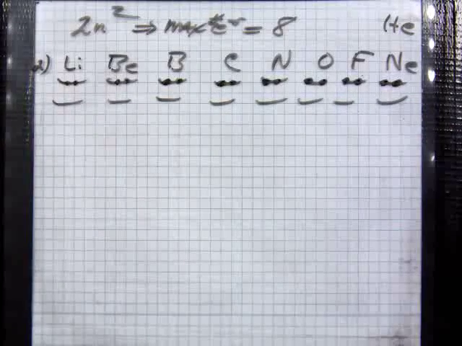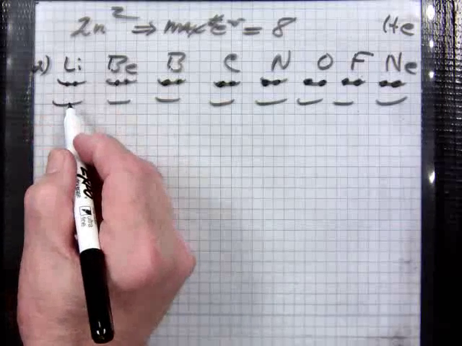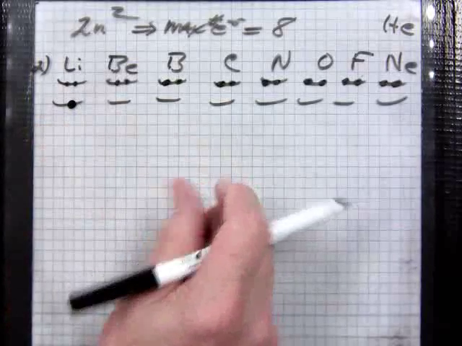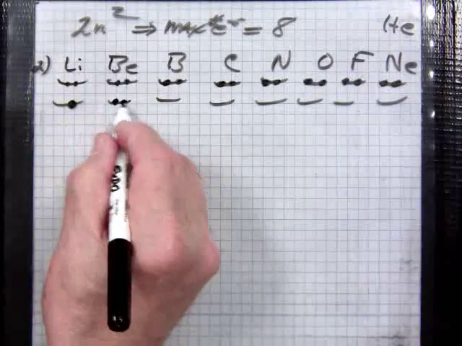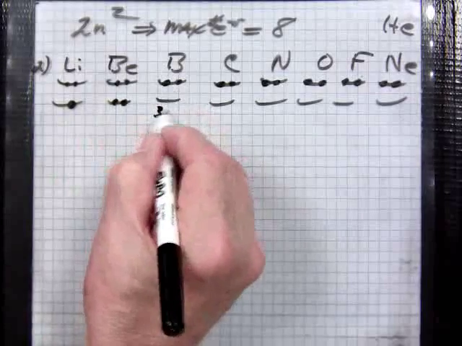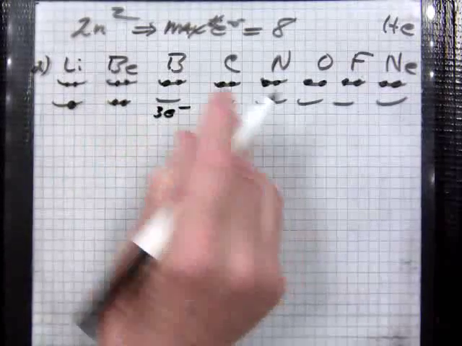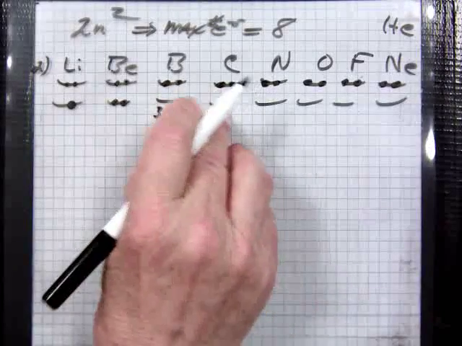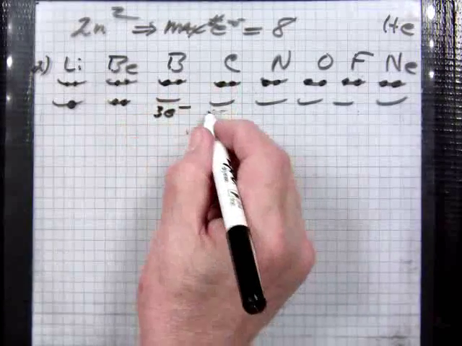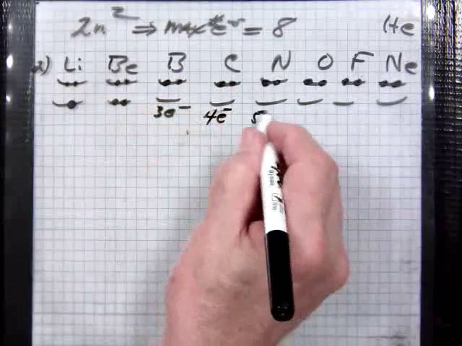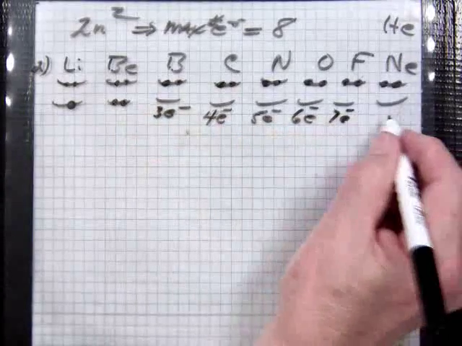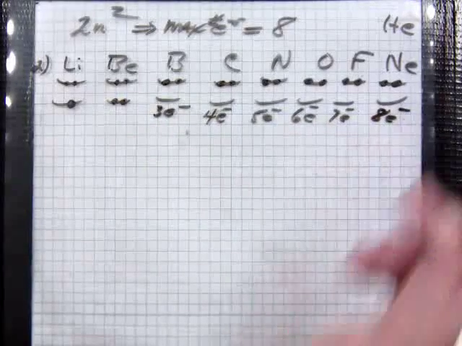But as you go across in the second ring, we find that lithium, being in group 1, has 1 outer shell electron. And then beryllium has 2, and boron has 3 electrons, then 4 outer shell electrons, 5 electrons, 6, 7, and the noble gas, 8 electrons.